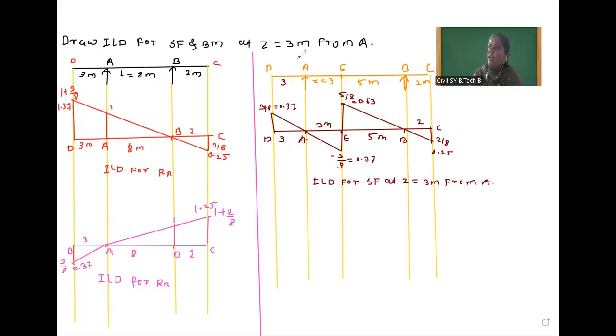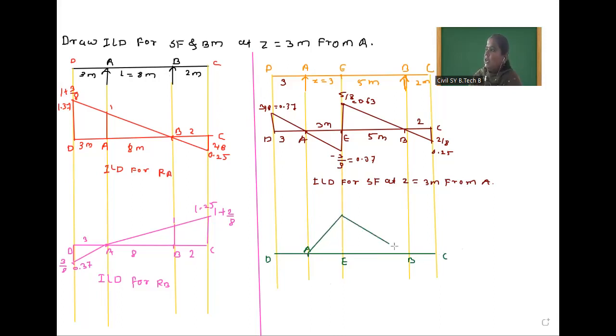Not the bending moment diagram, but the ILD for bending moment. First we will draw the baseline here. First, I will mark all points here: this is the D point, this is A point, this is E point, B point, and the last one is C. Now we have to start from A to B. From A to Z some value will be there.